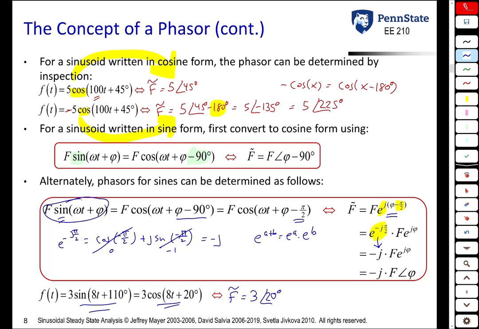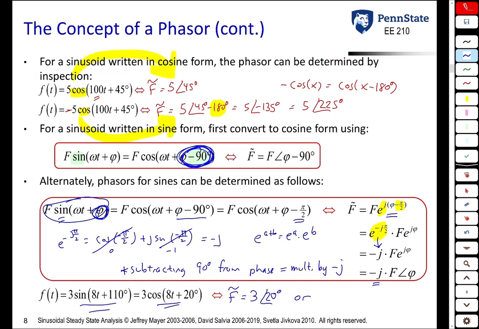If you have a time domain function as a sine rather than a cosine, rather than subtracting 90 degrees from the phase angle, you can keep the phase angle as is and just put a minus j out front. In other words, subtracting 90 degrees from the phase is the same as multiplying by negative j.